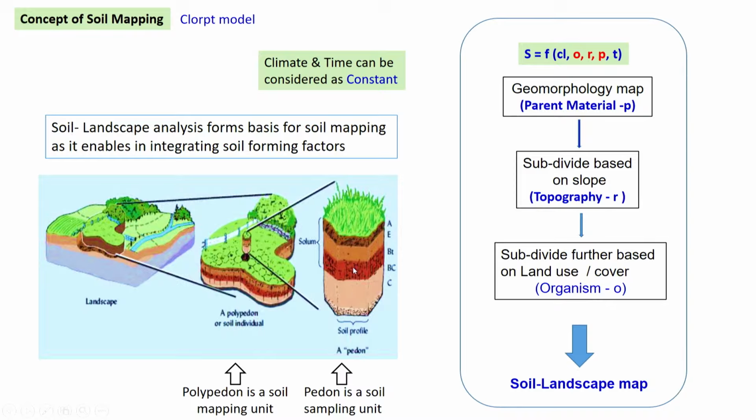Then for each layer you collect the soil samples and analyze them in the soil lab, and you can get the physical, chemical and biological characteristics of the soil. That is the basic concept for soil mapping. And suppose you are not interested to map for the 2 meter depth.